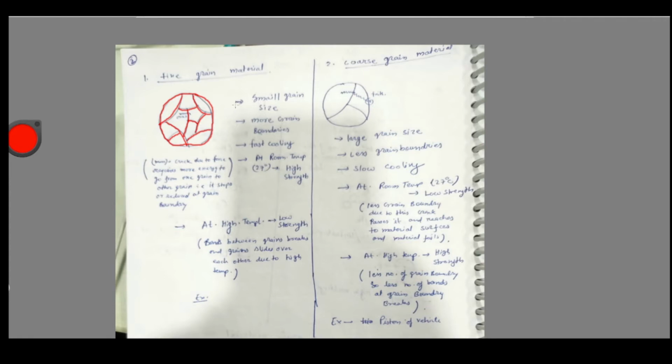So if the grain size is small, more grain boundary will be there. Because the grain size is small, more boundary will be present, and fast cooling will occur due to the small grain size and the more grain boundary.